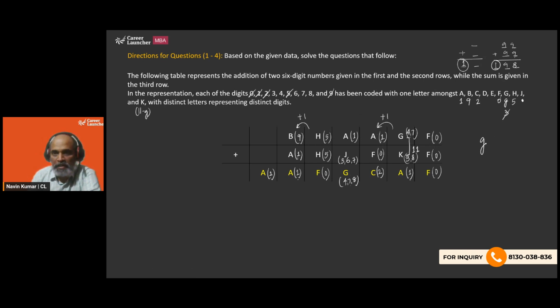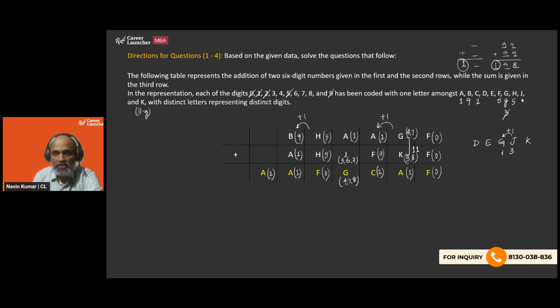Suppose we have got G, and we have got D and E. Okay, let's write down the cases. We have got D, E, G, J, and K, where G is supposed to be 1 more than J. So let's put in the available digit 3.